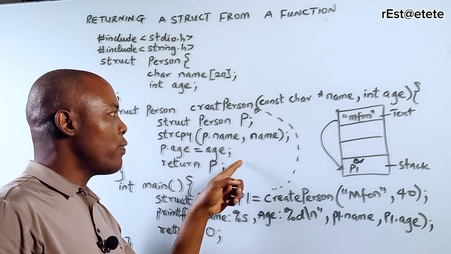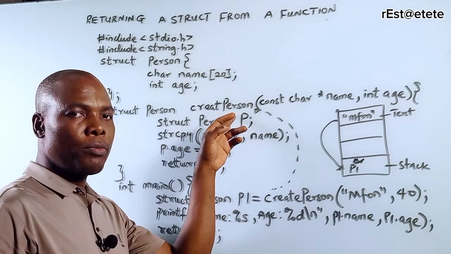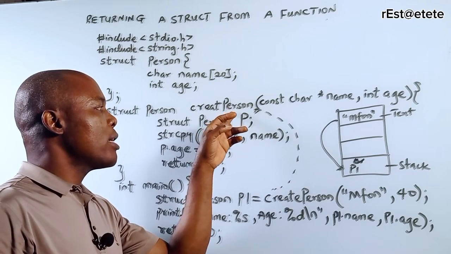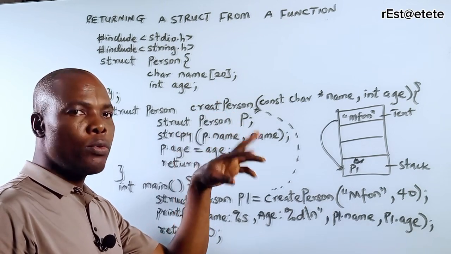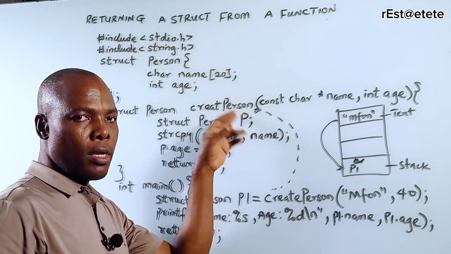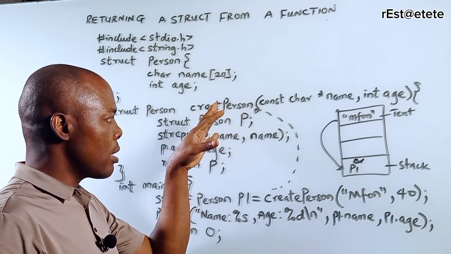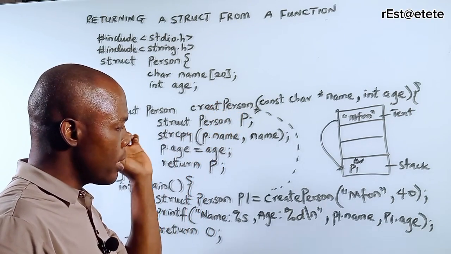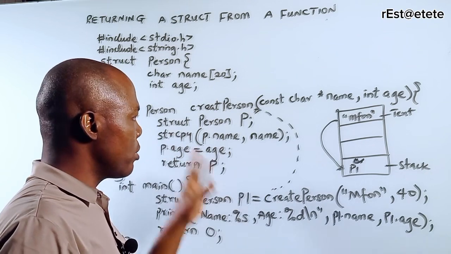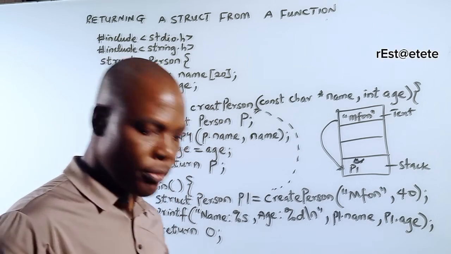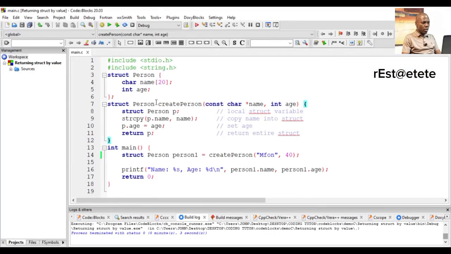A pointer to a variable created by a function. So this is what I have to show you. Let's go to Code::Blocks and let me demonstrate this for you to see. So this is our Code::Blocks on returning struct by value. So this is our function, which is create person, and this is our structure.